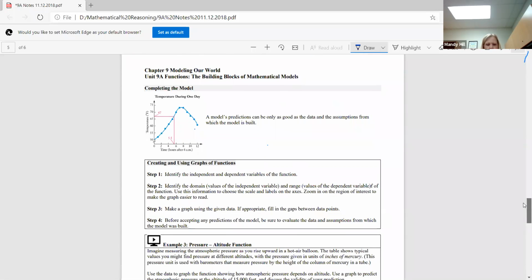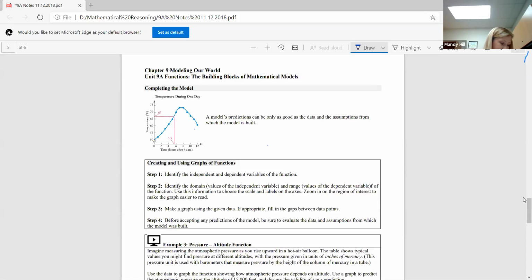Okay. A model's predictions can only be as good as the data and the assumptions from which the model is built. So when you're creating a graph and using graphs of functions, it's going to be important that you can identify the independent and the dependent variables of the function.